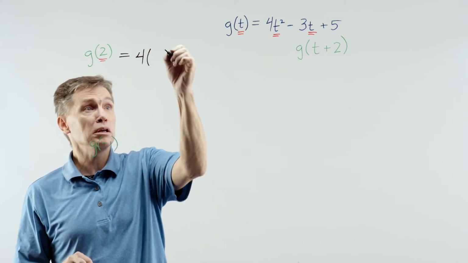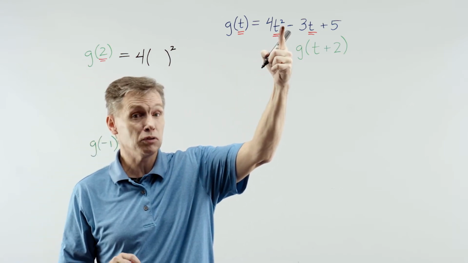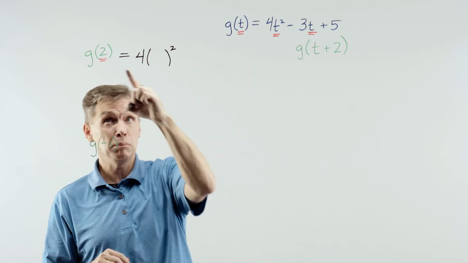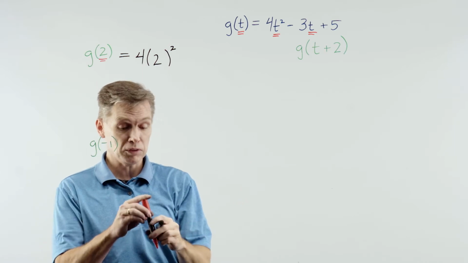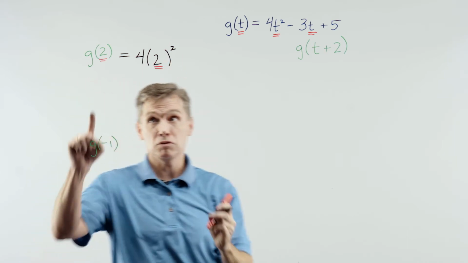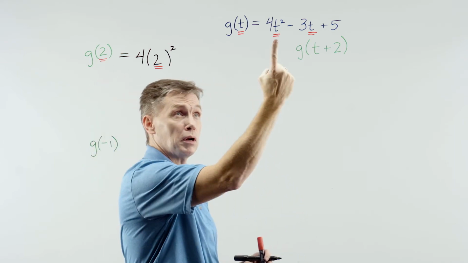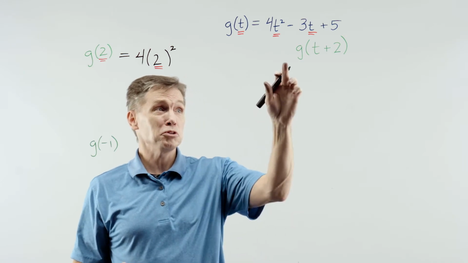Then that exponent of 2 is always there. The only thing that's going to be different is instead of t, I'm putting in my specific value of t, which is 2 in this case. So the function notation is telling me to take this argument of 2 and put it in wherever I see a t. Now that's just the first term, so you got to keep going.